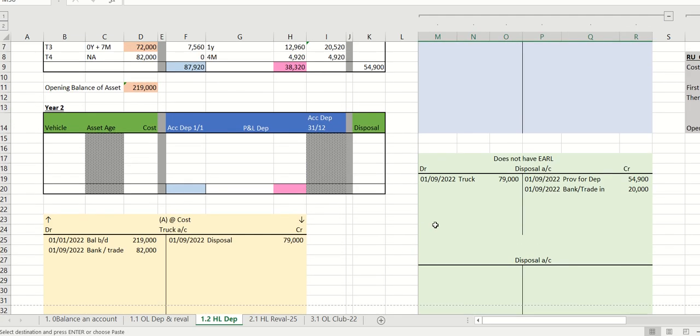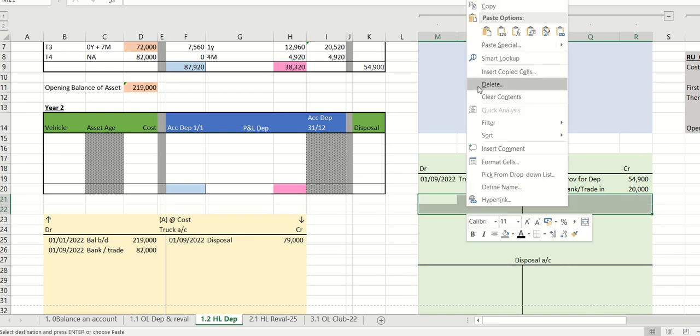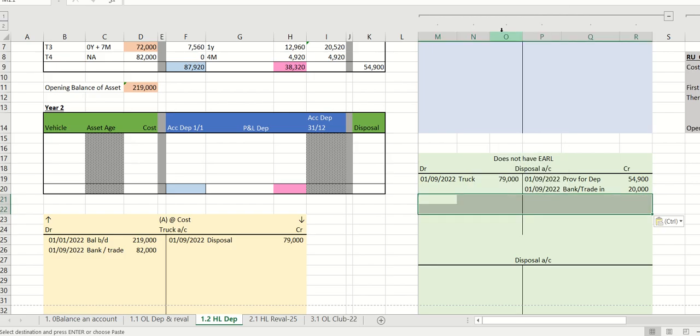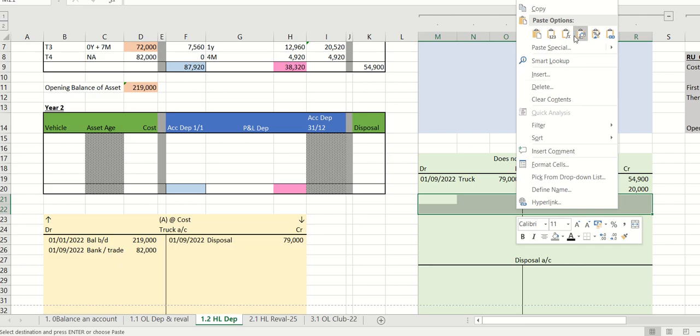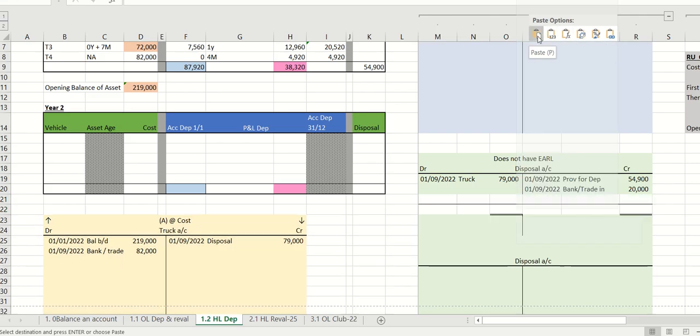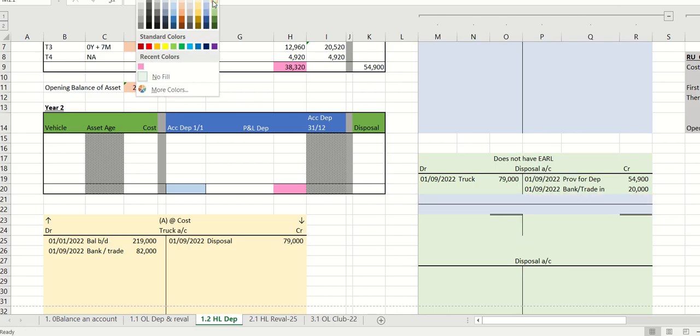So remembering, guys, there is no balance CD or BD in a disposal account. The purpose of a disposal account is to calculate whether you made a profit or a loss.